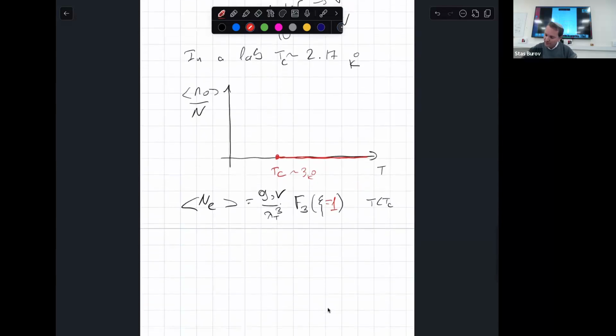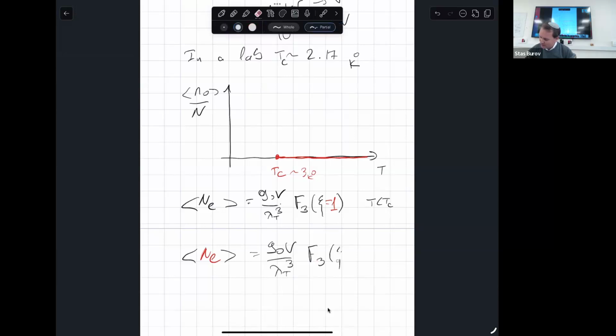So I know that N excited average equals G0 V over lambda T to the 3rd power, F3, fugacity, not fugacity, but 1 over here.